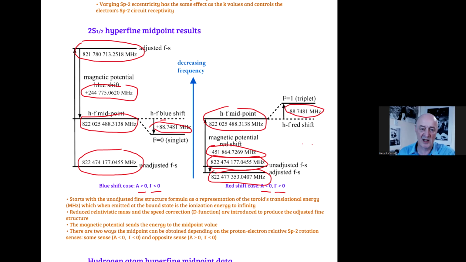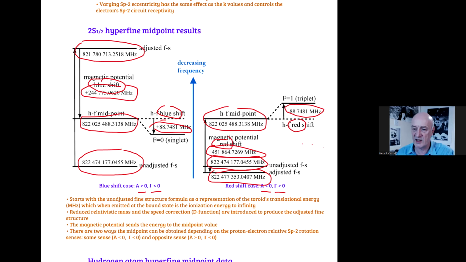When the magnetic potential is a blue shift, the half shift is a blue shift. When the magnetic potential is a red shift, the half shift is a red shift. And what's controlling these shifts are the relative rotation senses of the proton and electron toroidal circuits.